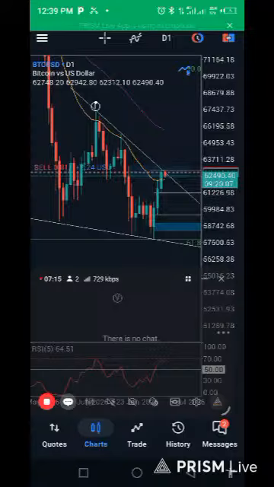This is A at the top, this is B, and this is C. So it's going to form 1, 2, 3, 4, 5. Then 4 should be here, then 5 should be somewhere here.